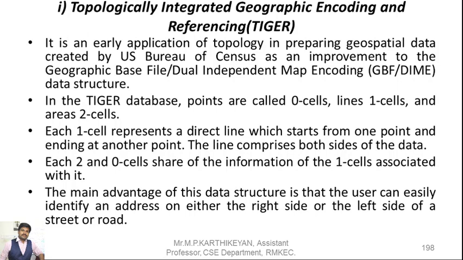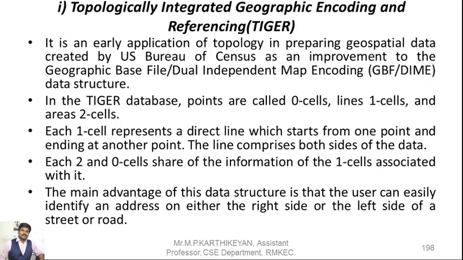For example, if we are connecting a graph, then the lines or edges are called 1 cells and the points are called 0 cells. The lines, or 1 cells, are nothing but the connectivity between 2 points or vertices.